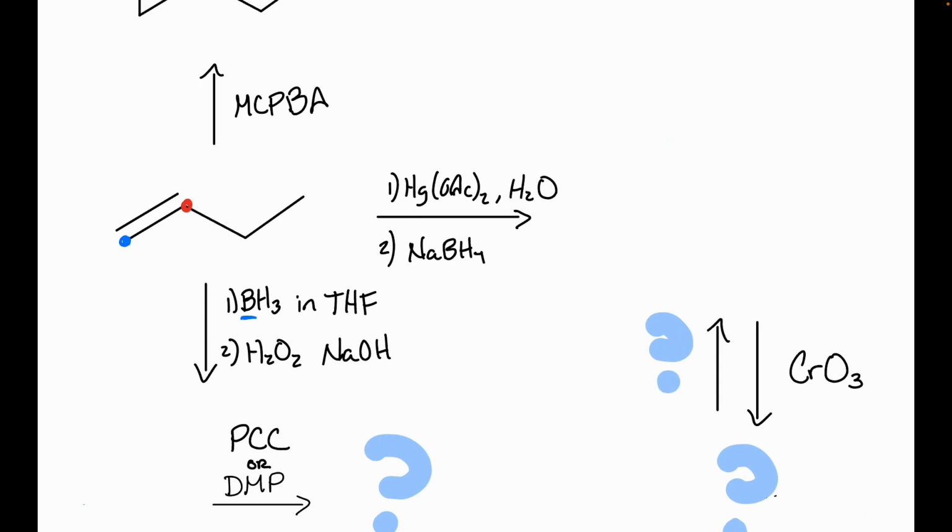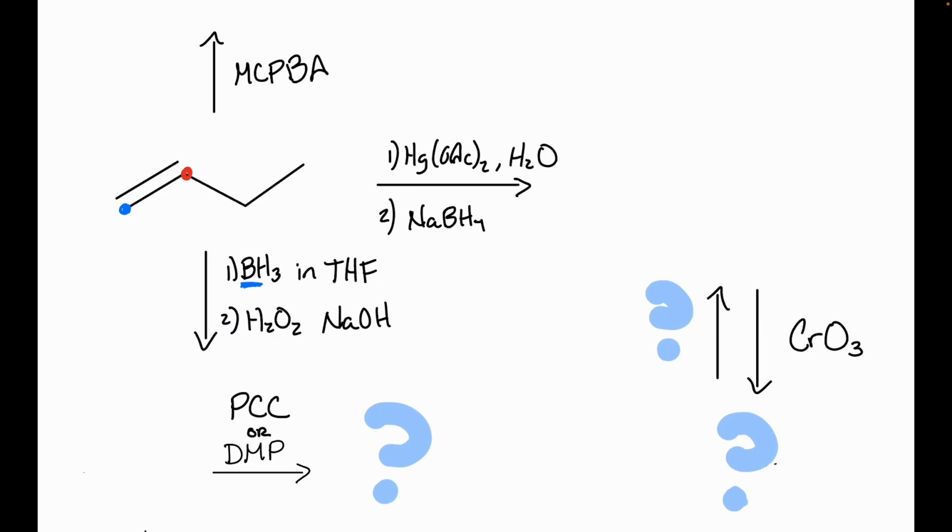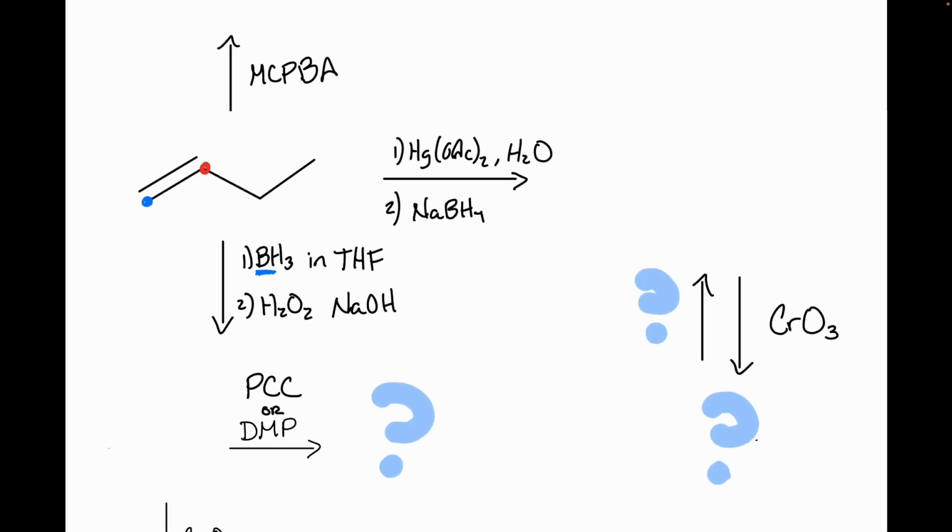So borane, BH3's claim to fame is to put that alcohol group on the less substituted carbon. So according to my coloring here, that would be that blue carbon. The mercury acetate is going to put it on the more substituted carbon.